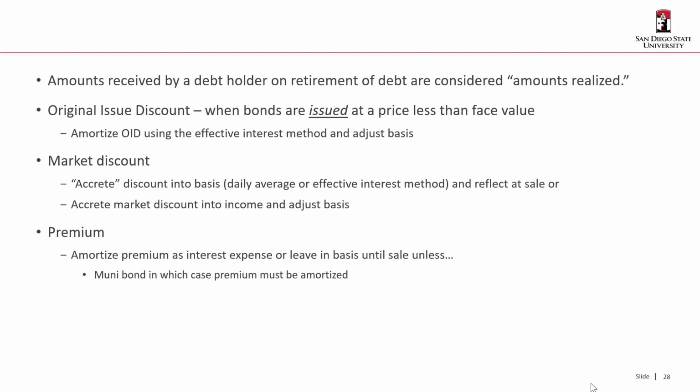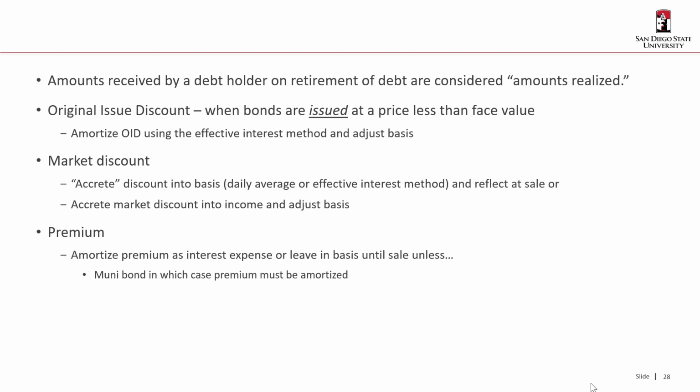So rather than loaning you $10,000 to receive back $10,000 plus interest, the investor says, well, look, I'm only going to loan you $9,500 for you to pay me back $10,000 plus interest. And that additional $500, that's original issue discount, which really just represents additional interest. So the rules require you to amortize original issue discount using the effective interest method. And as you do so, you adjust the investor's basis or the taxpayer's basis in the bond.